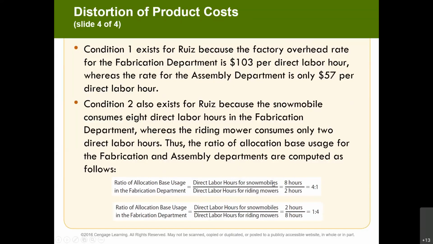For direct labor hours, the snowmobiles have 8 hours and the riding lawnmowers have 2. That gives it a 4-to-1 ratio in the fabrication department. And then we can also see the direct labor hours in the assembly department. You have 2 hours for the snowmobiles and 8 hours for the riding lawnmowers, and so that would give it a 1-to-4 ratio. So these ratios are really used in comparing the primary differences between using a single plant-wide method and the department method.